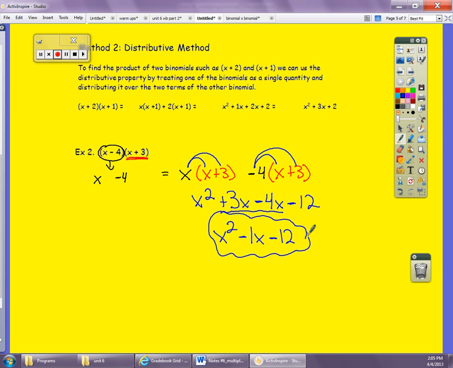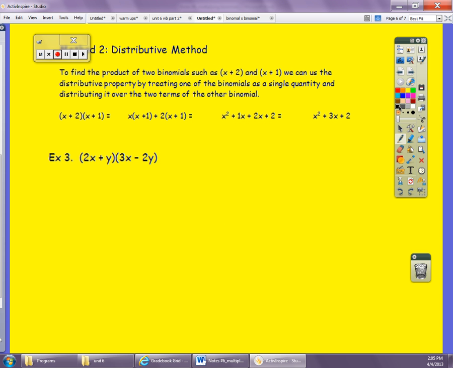And then our last example, example 3. Once again, we have our two binomials, so I have this one, which is 2x and a positive y. We have our second binomial, which is right here.